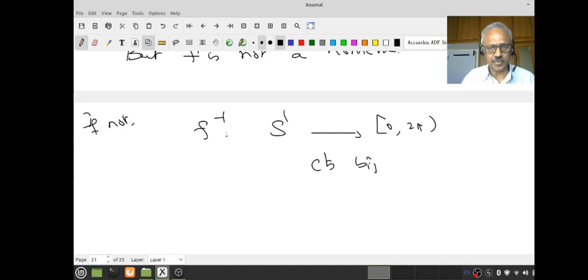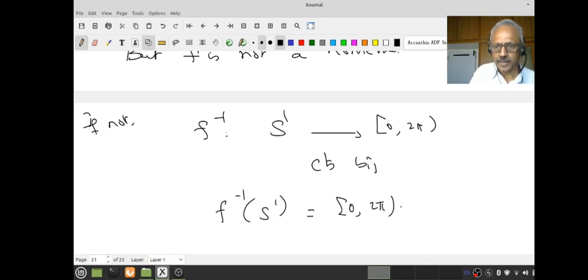That's the definition of homeomorphism: f must be a bijection, and f and f inverse both are continuous, right? Therefore, if f were a homeomorphism, then f inverse would be a continuous bijection. But then what is the image of f inverse of S1? That is 0 to 2 pi. But this is a subset of R, and this is not compact. But you have shown this is compact.